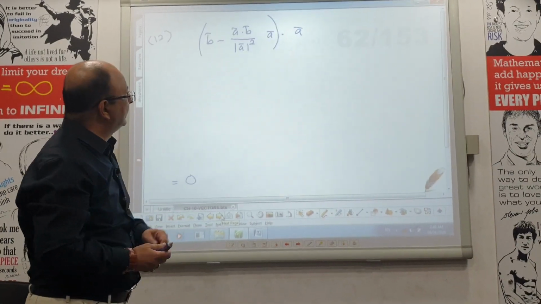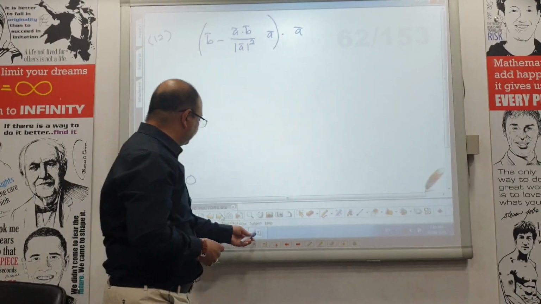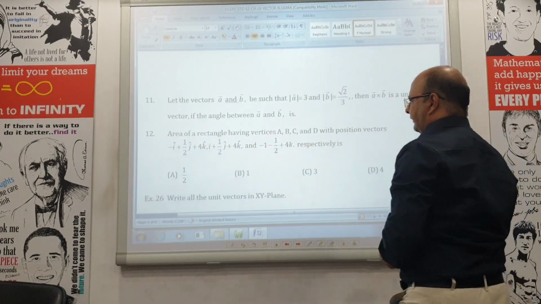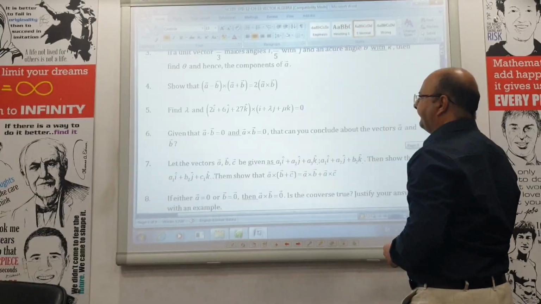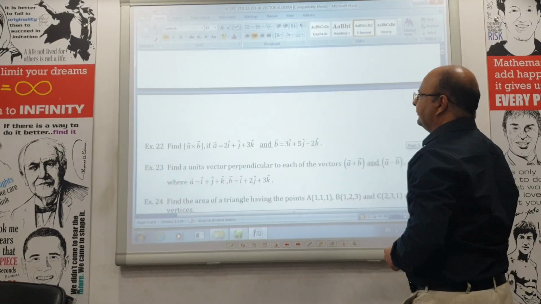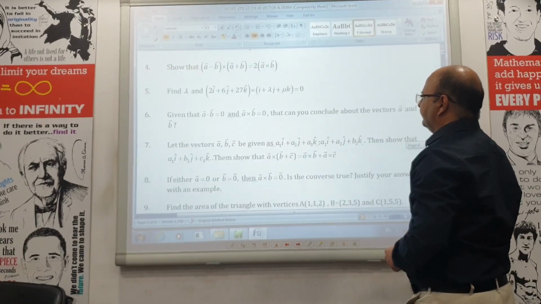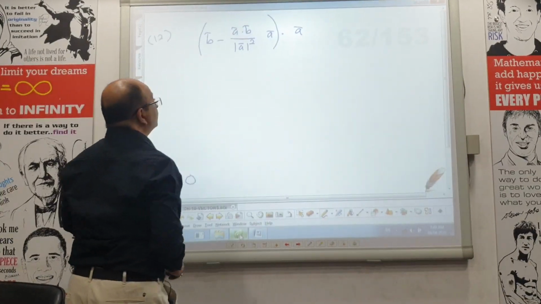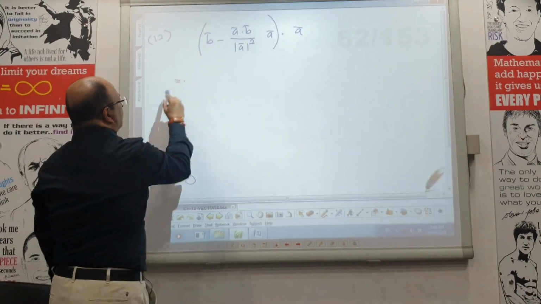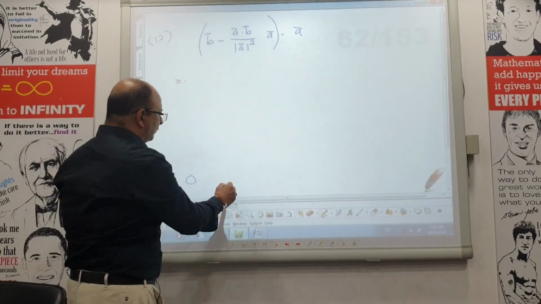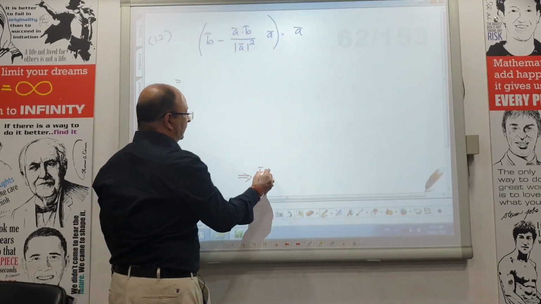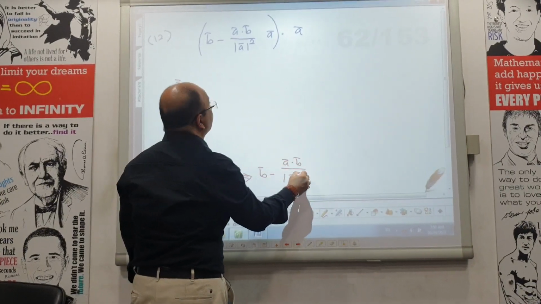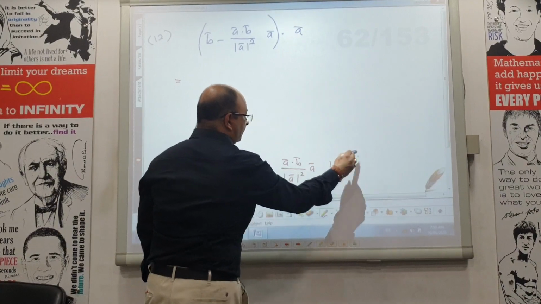I want to prove that the dot product of these two vectors is 0. Okay, how can I prove that the dot product of these two is 0? And having proved that, I can immediately tell you that b bar minus a bar dot b bar upon mod a bar square times a bar is perpendicular to a bar.